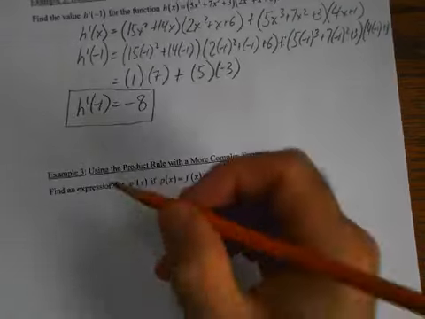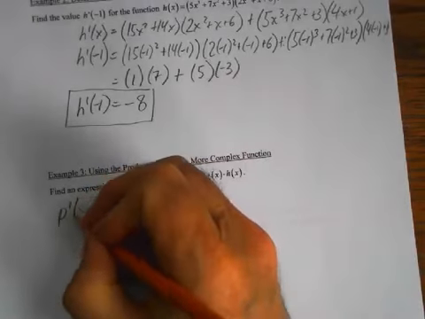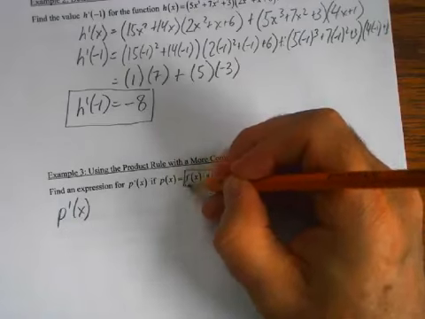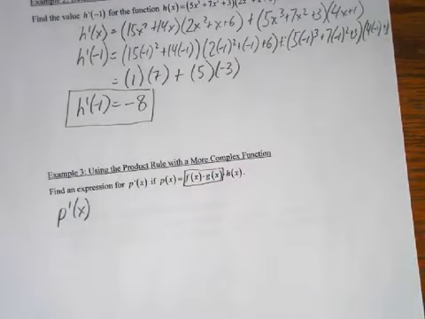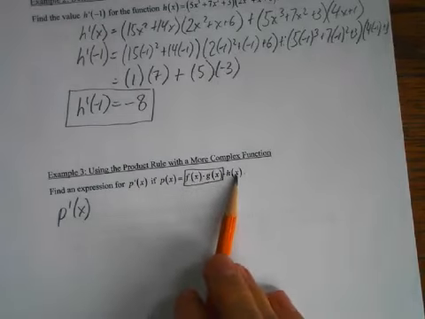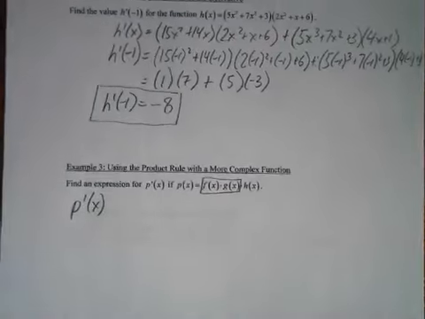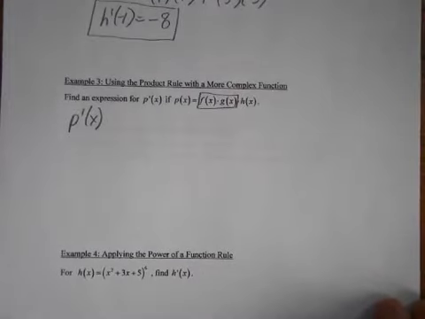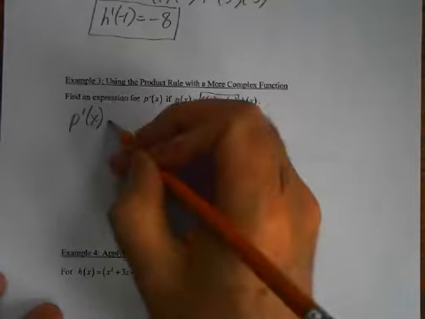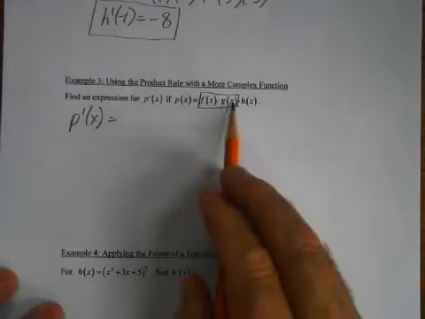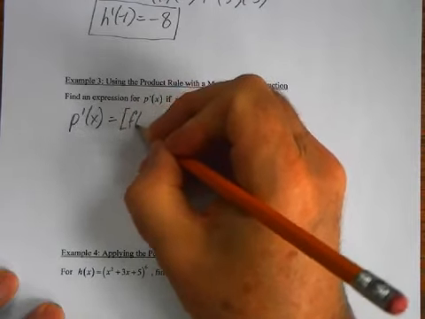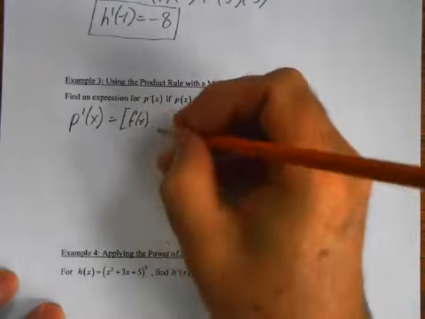So we can show how it works. What we're going to do first is kind of glue together these two functions. Consider that to be the first function, and that's the second function. So when I'm taking the derivative, I first take the derivative of this. So I'm going to take f of x, g of x.